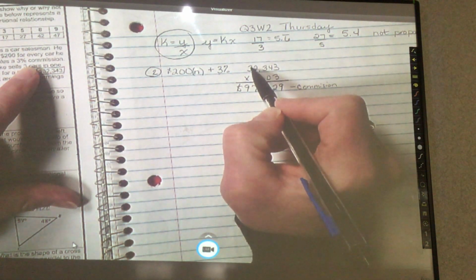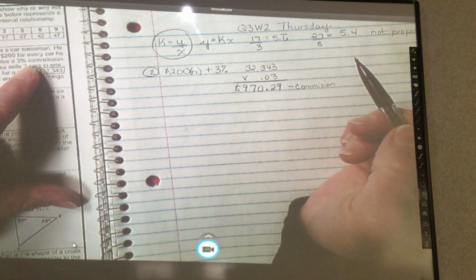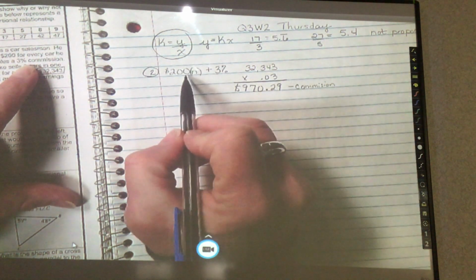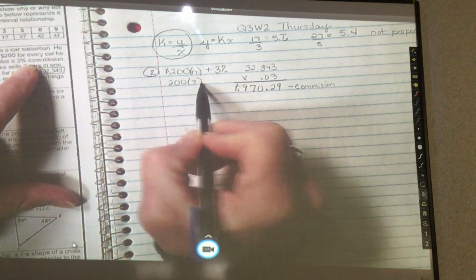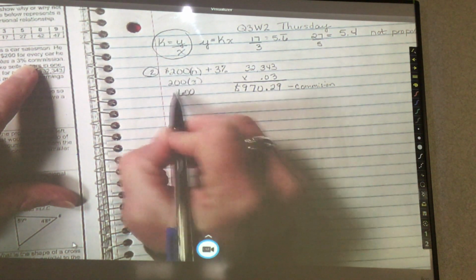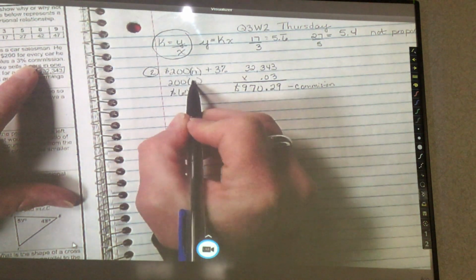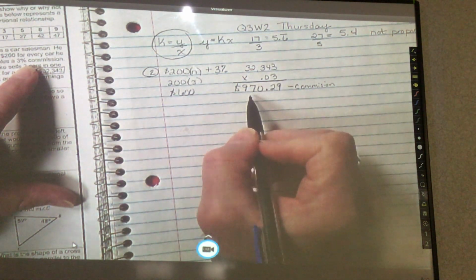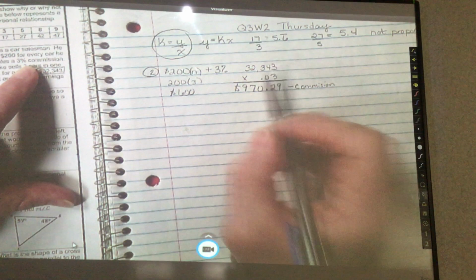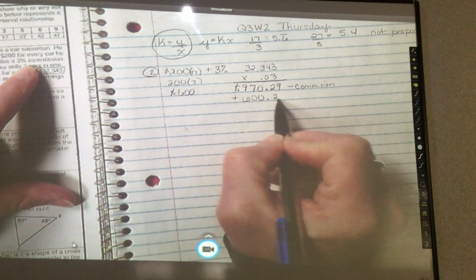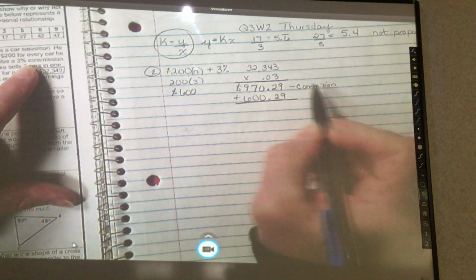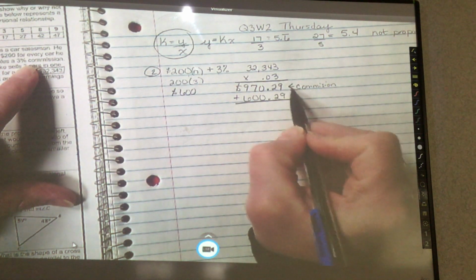Now, how many cars did I sell? 3. So that's where I go here and use this. 200 times 3 is $600, so I made $600 for selling the 3 cars, plus my $970 commission. So I'm going to add $600 to this. Please write that this is the commission.